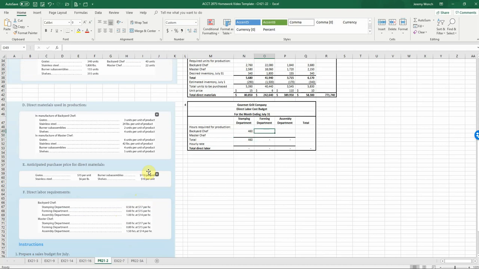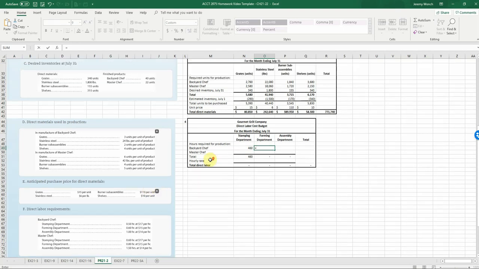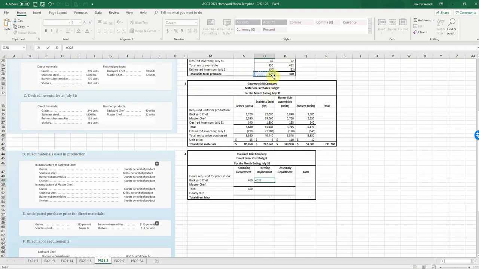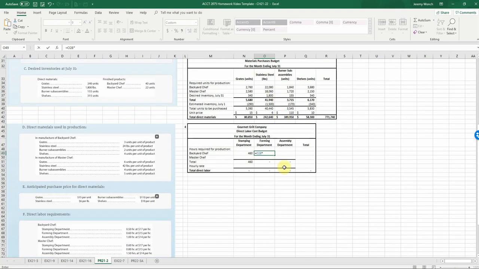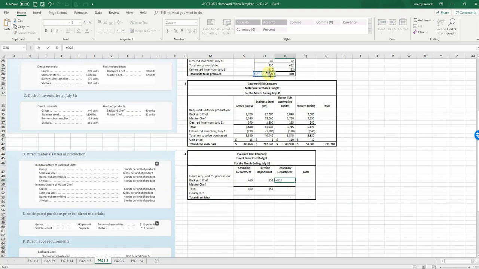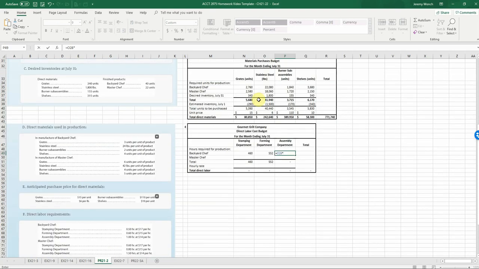And then in the forming department, so we got our 920 times 0.6, and then the assembly is 920 times 1.